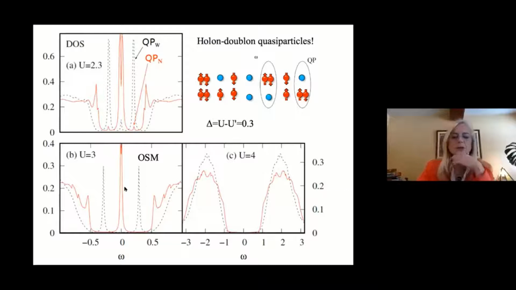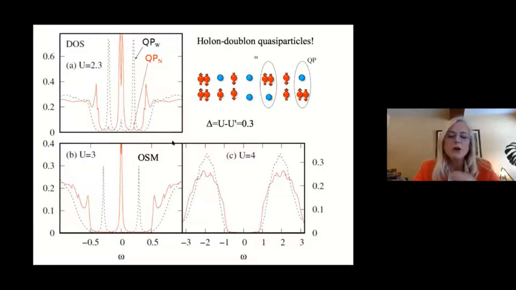So this was interesting for the half-filled two-band Kanamori-Hubbard model. Now, if you compare to previous results we've seen for the two-band Kanamori-Hubbard, we are able to see structure that hasn't been seen with other methods. So this was interesting.